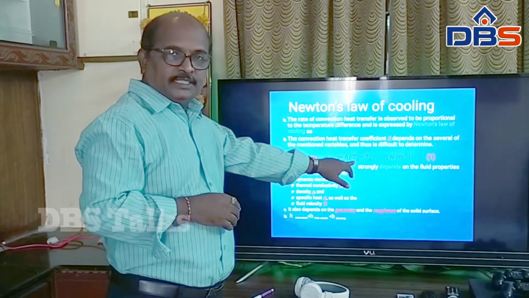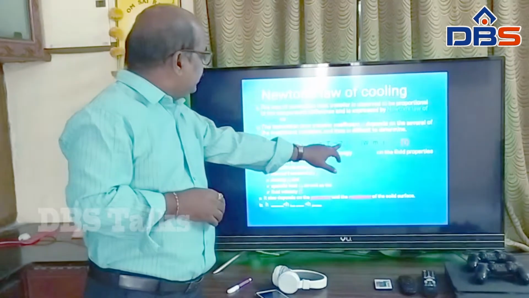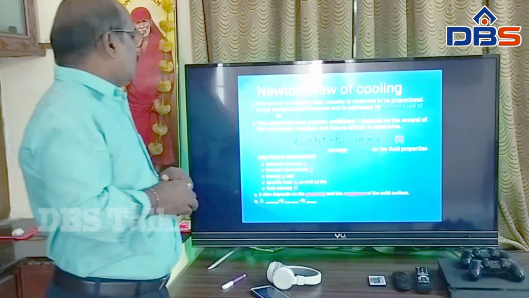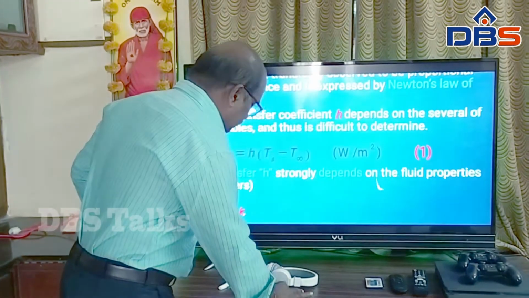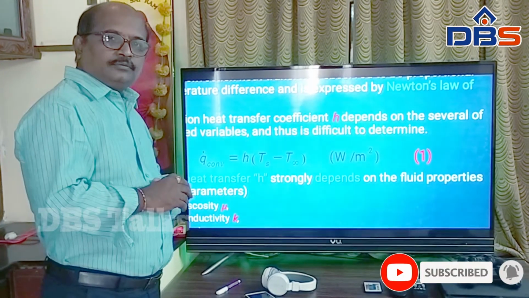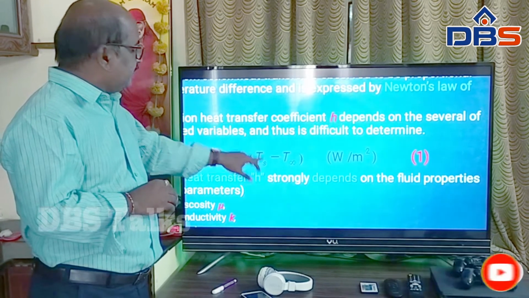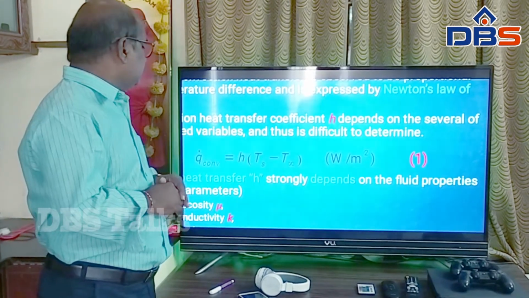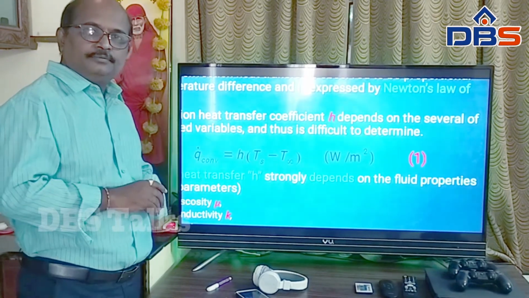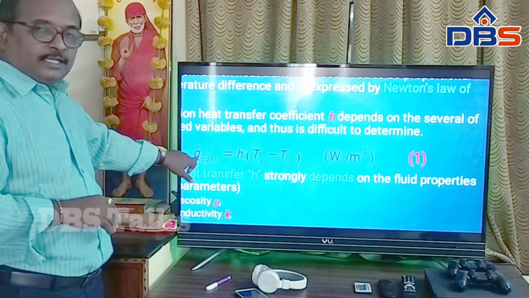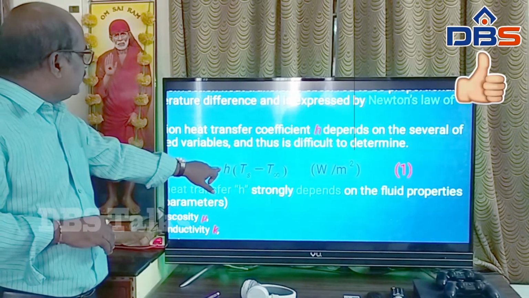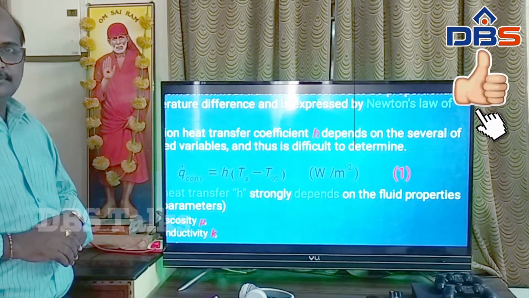The plate temperature is Ts and the fluid temperature is T infinity, where h is the convective heat transfer coefficient of the particular fluid. Then the heat flux, or heat transfer per unit area, small q, we can calculate as h times (Ts minus T infinity).